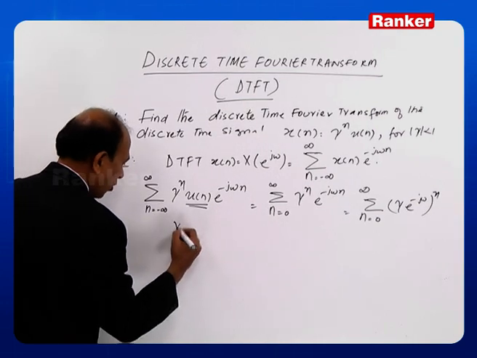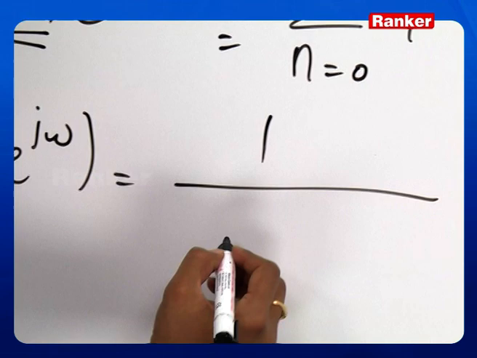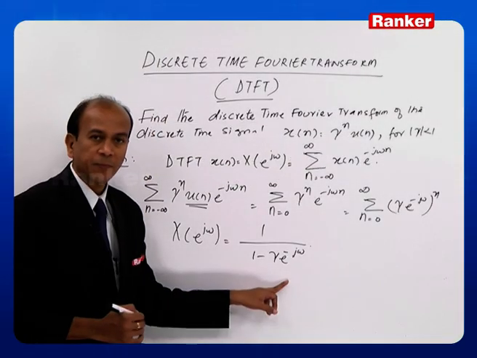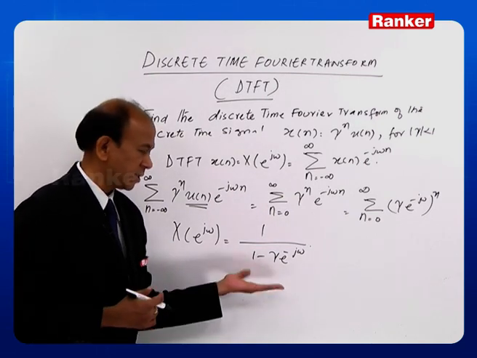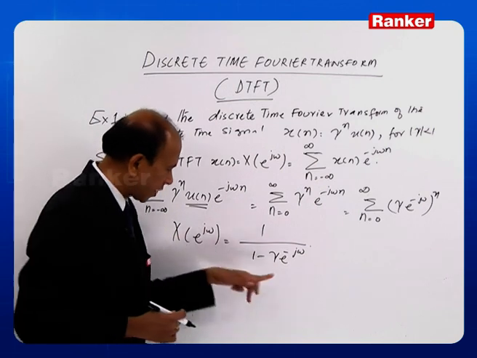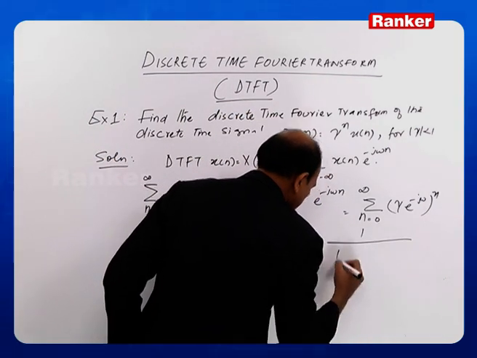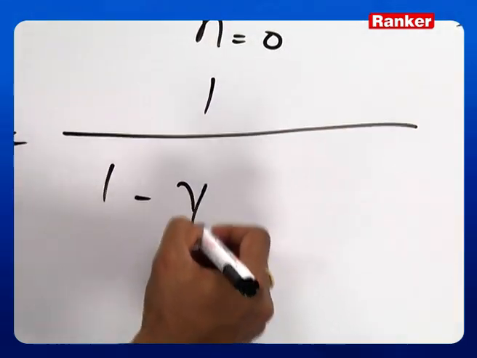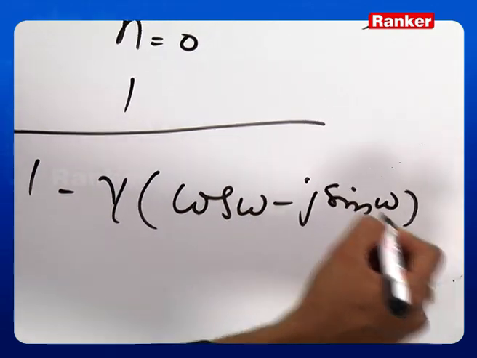So, X of e to the power of j omega will be equal to 1 by 1 minus gamma e to the power of minus j omega. Then e to the power of minus j omega can be written in terms of cos and sin functions. So, I can write this as 1 by 1 minus gamma into cos omega minus j sin omega.